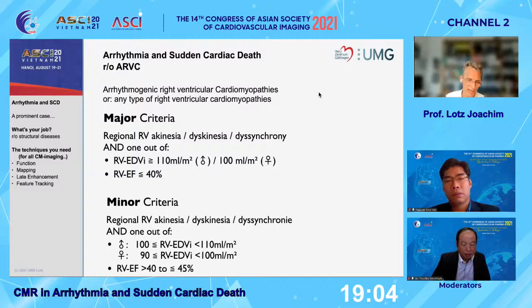If it's not so bad, less than 40% EF reduction, it's a minor criterion, just listed here in this table, and you have to apply these criteria to your data sets, which you can do actually right now.